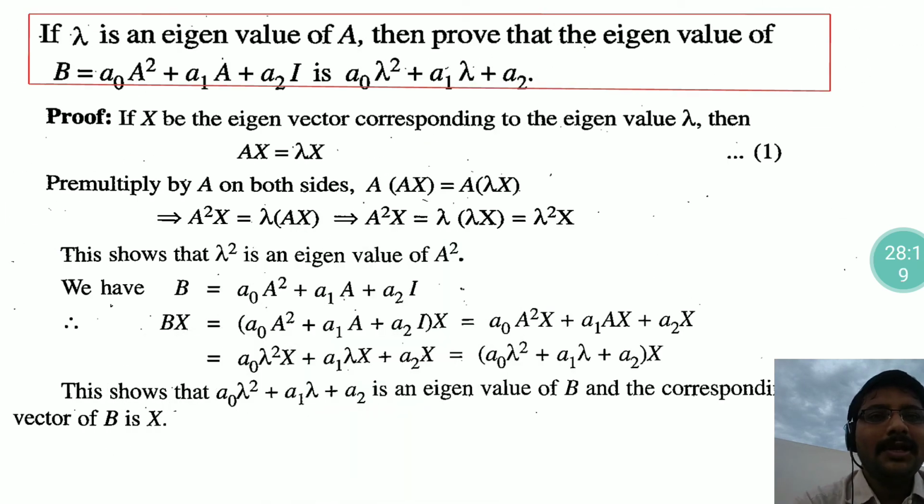Next theorem, an important result. If lambda is an eigenvalue of A, then we have to prove that the eigenvalue of the matrix B equal to a0 A square plus a1 A plus a2 I is a0 lambda square plus a1 lambda plus a2.